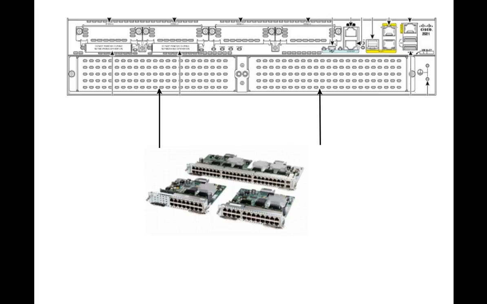We also have the bottom slots that could be used to plug in little switches. So as you can see, these 2900 routers, in this case a 2921, because it has 2 major large slots on the bottom which to plug these cards into. On a router, you can actually plug in hard drives, or other wide area networking ports.